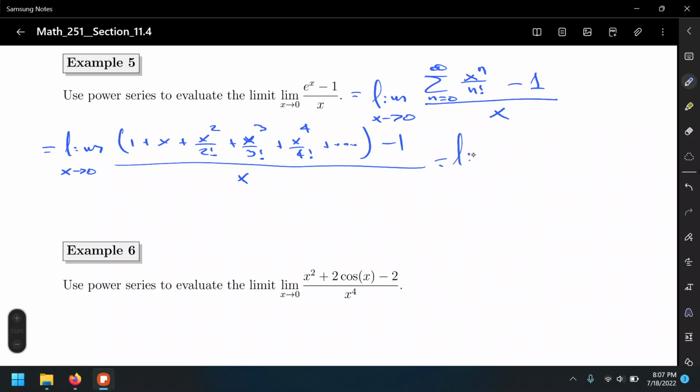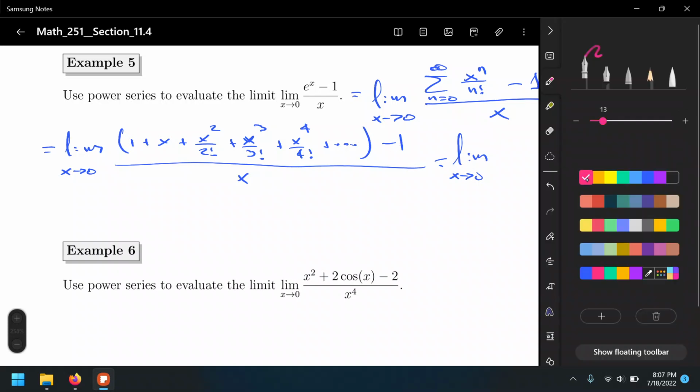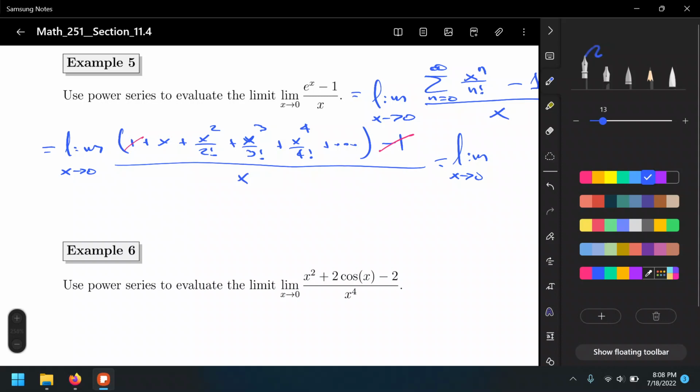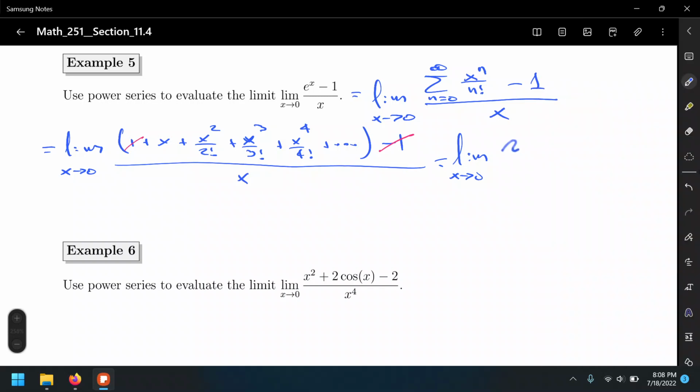This is a 1 minus 1, so these ones are going to get cancelled. Cancel this one with that negative 1, and we will be left with x plus x squared over 2 factorial plus x cubed over 3 factorial plus x to the 4th over 4 factorial plus dot dot dot over x.